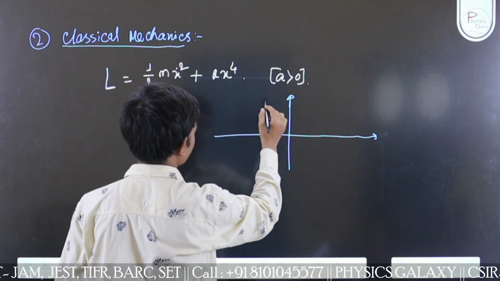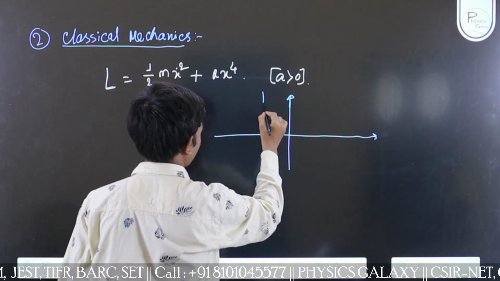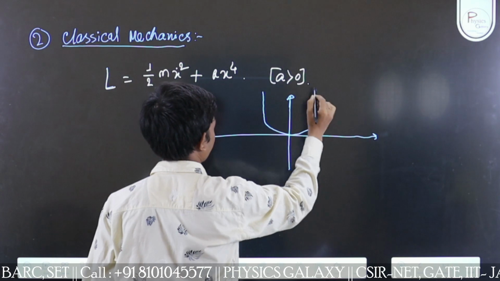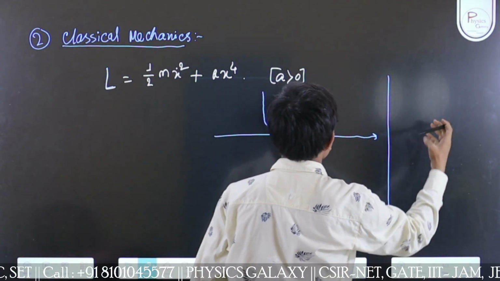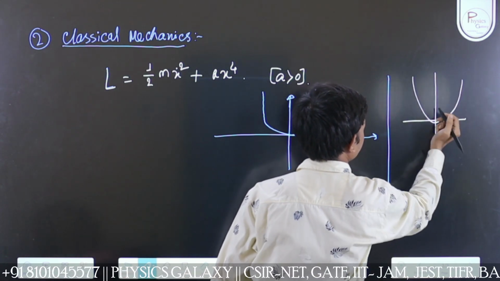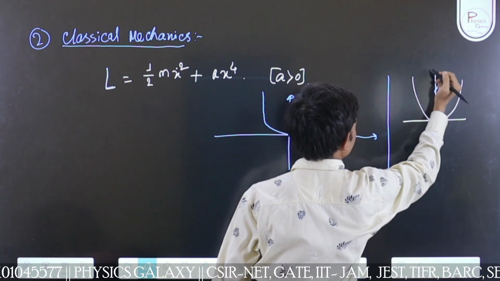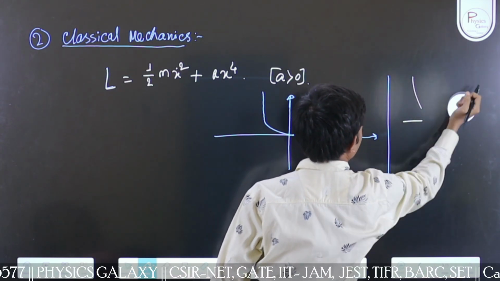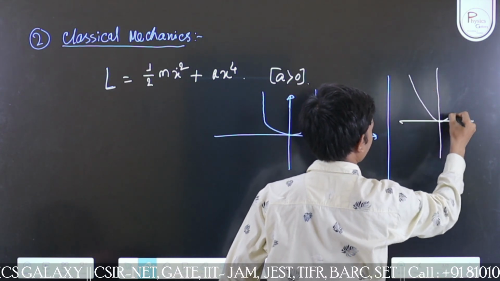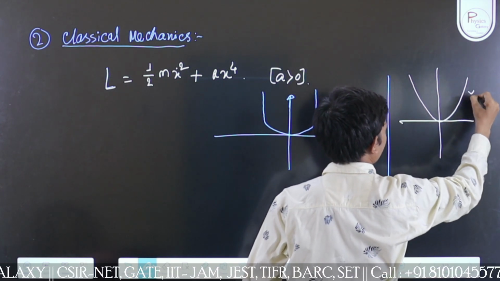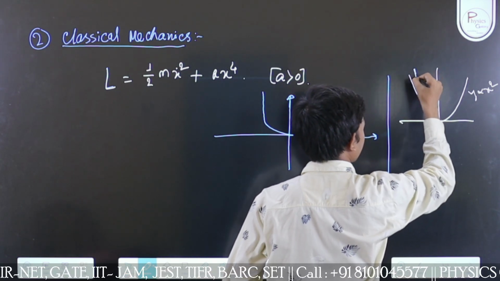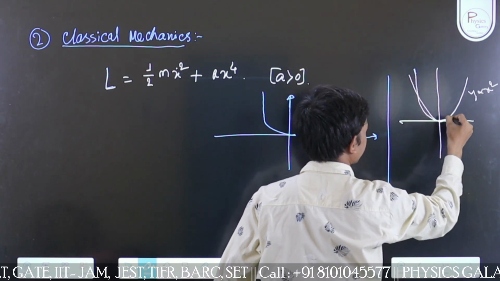For a parabola y varies as x square, but here it was x to the power 4.